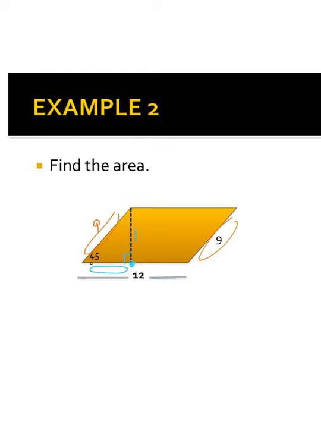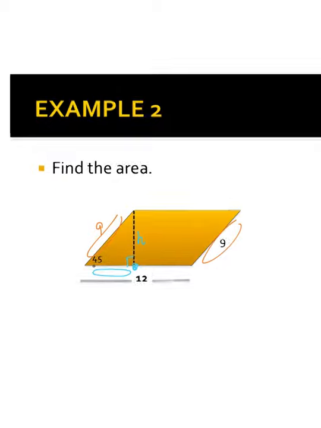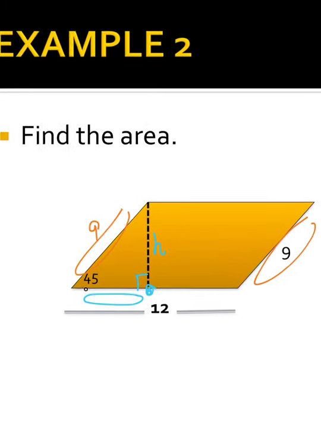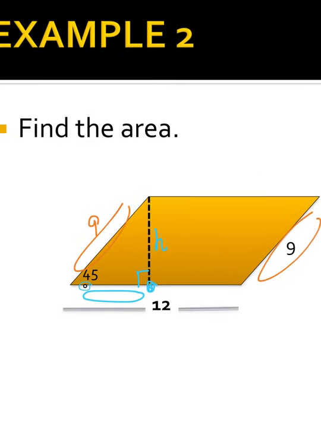So to find the height of this triangle, we're going to have to use something different. When I look at this triangle, the first thing I notice is this 45-degree angle. This degree sign kind of moved and shifted down here. It should be there. So what I notice is we have a 45, 45, 90 special right triangle. In a special right triangle that's 45, 45, 90, we have leg, leg, leg root 2.